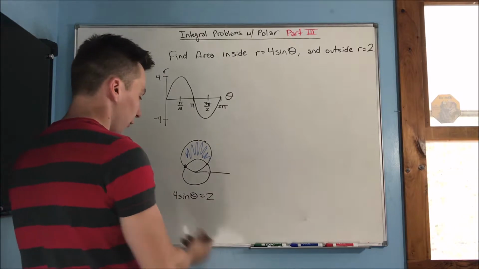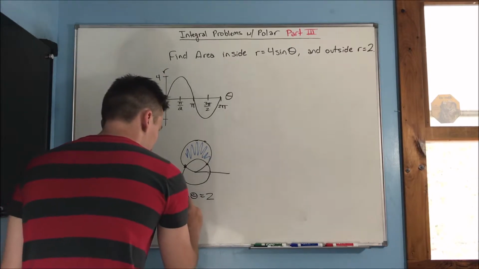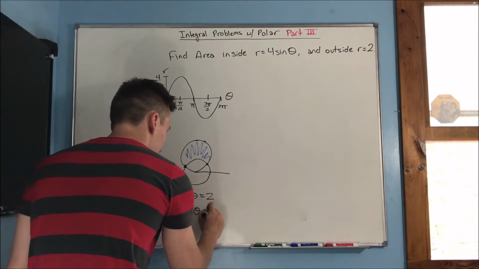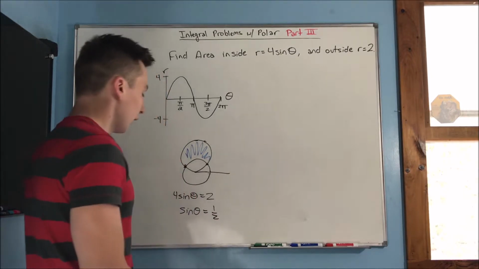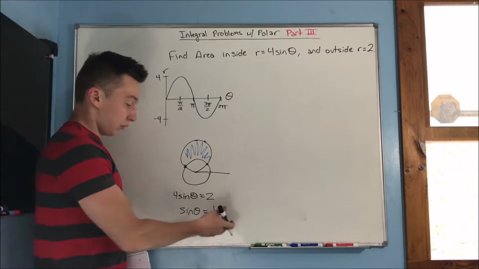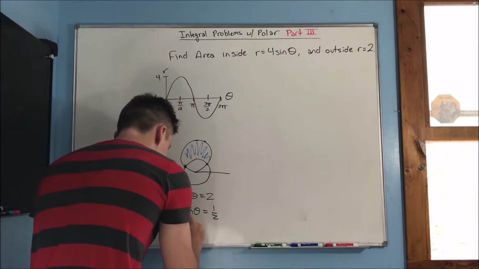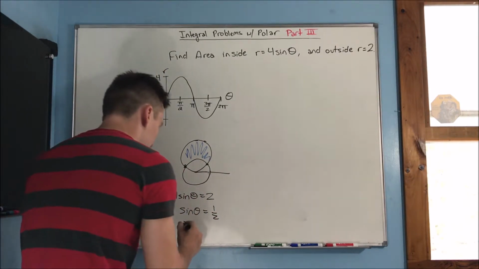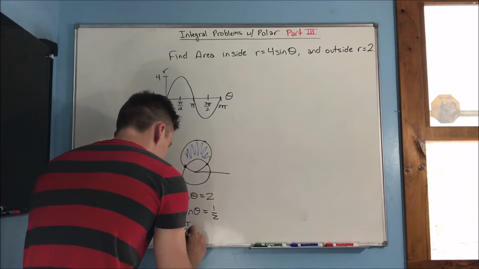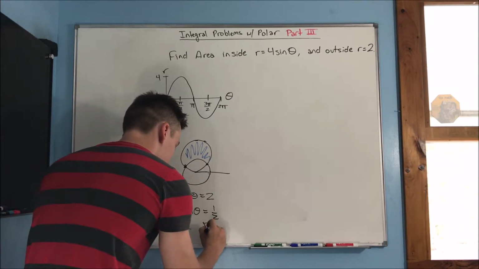You do a little bit of algebra here and we get sine theta equals 1/2. And those two theta values that are relevant here are pi over 6 and 5 pi over 6.